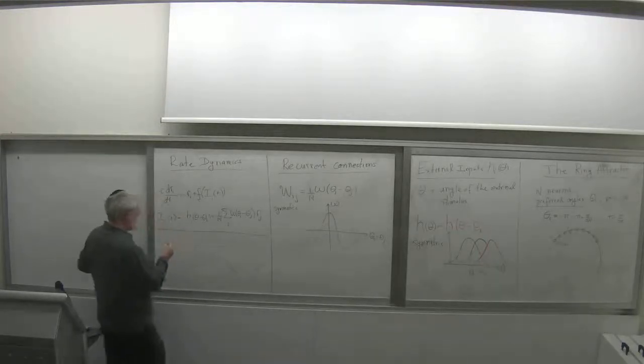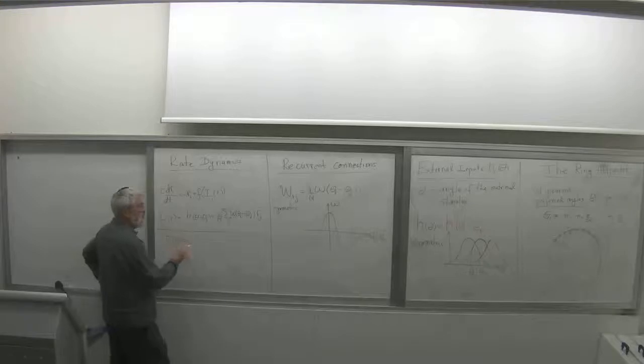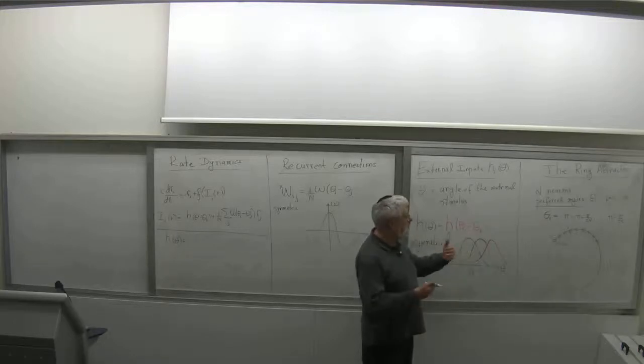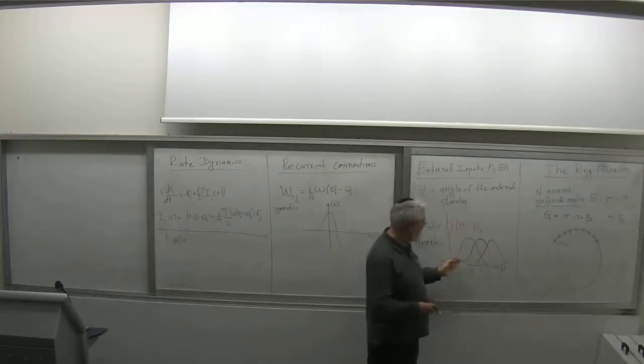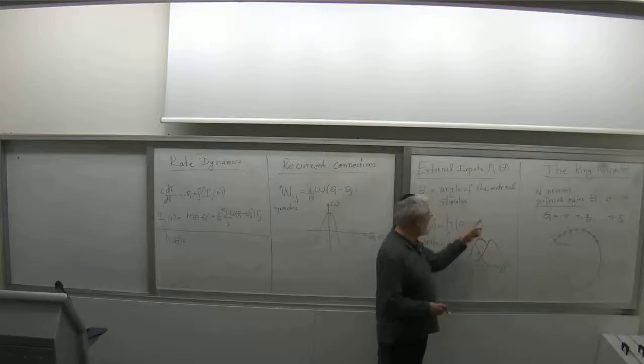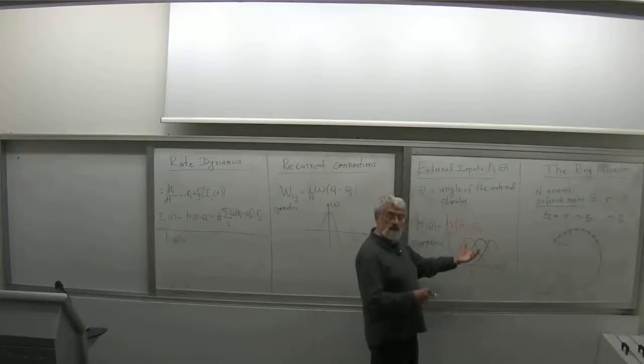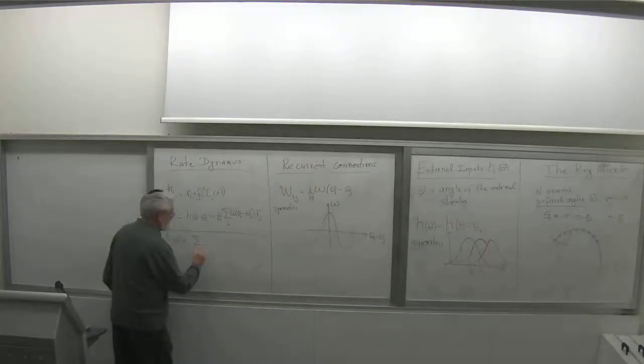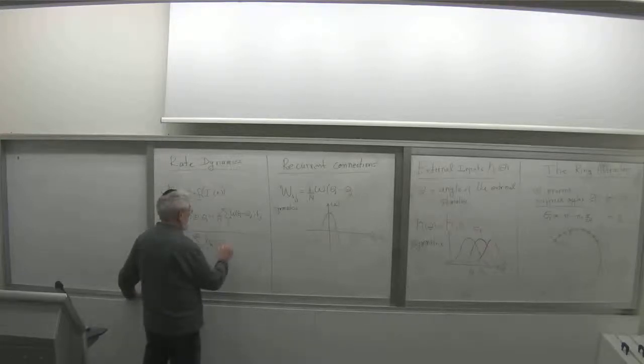In general, H of theta, because it's a periodic function of theta, where theta goes from minus pi to pi, when you go from 0 to 2 pi, everything should be the same. Therefore, this in general has the structure of a Fourier series, from n equals 0 to infinity of h_n times cosine n theta.